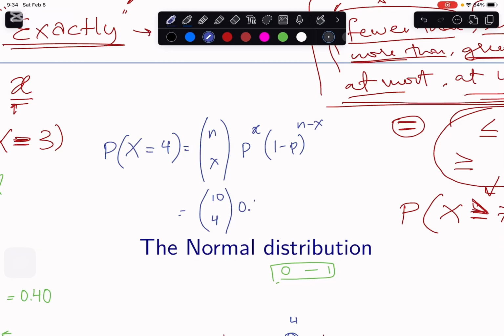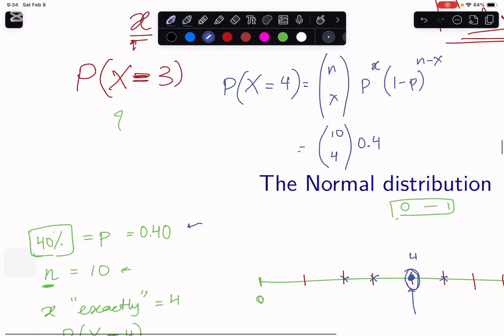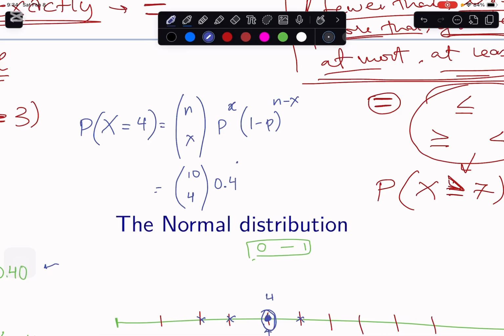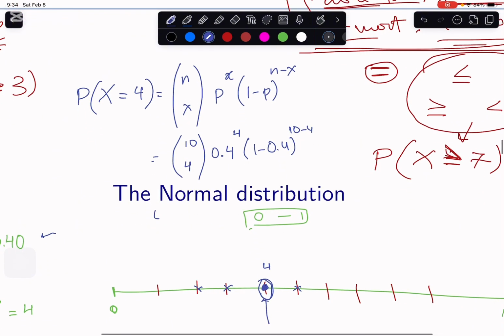Probability is 0.4, which is given in the question. Just plug the numbers in: 4, 1 minus 0.4, 10 minus 4. When you compute this, P of X exactly at 4 is going to be 0.2508, or in other words, 25.08%.